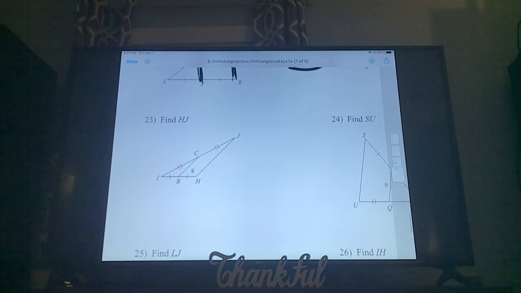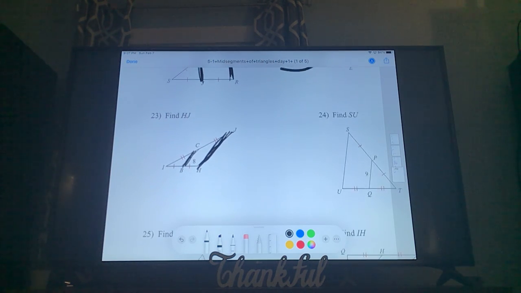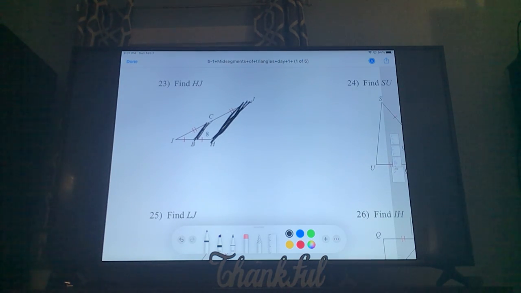Okay, HJ. Then we know CB. Are we getting bigger or smaller? Are we going to multiply by 2 or divide by 2? We're going to be doubling it. So 18 times 2, HJ is going to be 16.